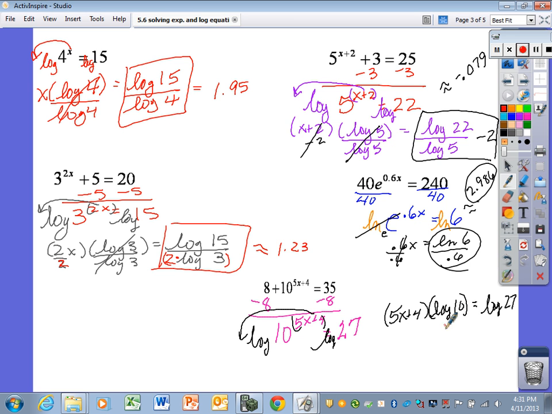What's my base here? 10. Log 10 reduces. 5x plus 4 equals log 27. Subtract the 4 and divide by 5. So more than one thing in the numerator, so I have to use parentheses. Log 27 minus 4, parentheses, divided by 5. And I get negative 0.514.